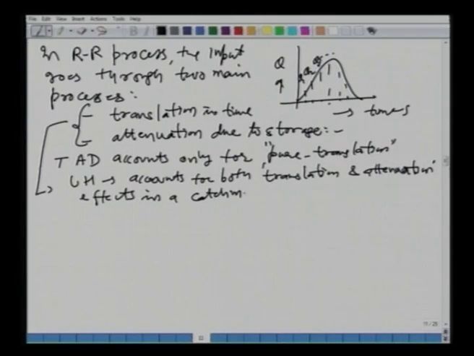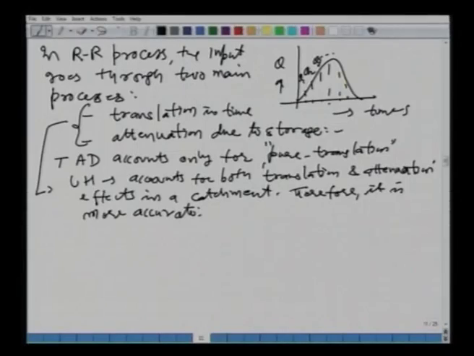Therefore, it is more accurate than the time area diagram. Obviously, any mathematical model which is able to account for all the processes through which the input is going would be more accurate. We will come to the unit hydrograph in the next chapter.